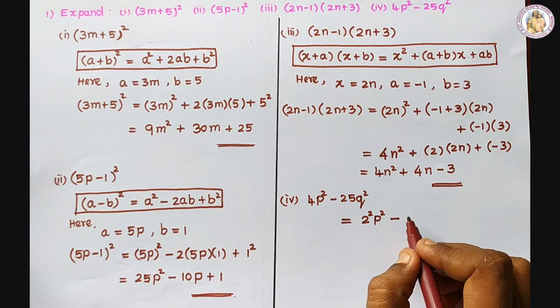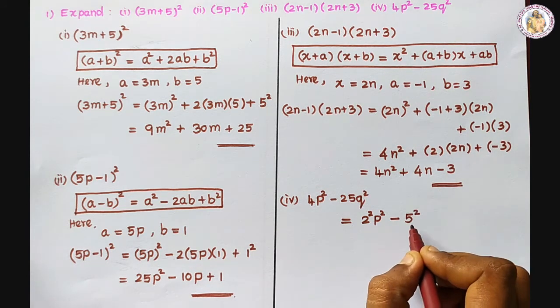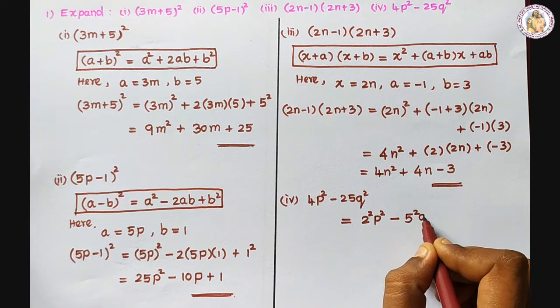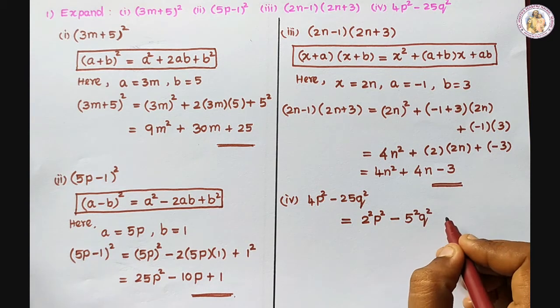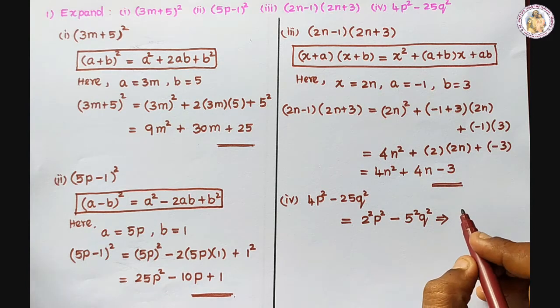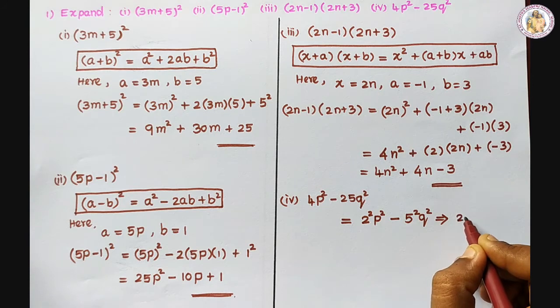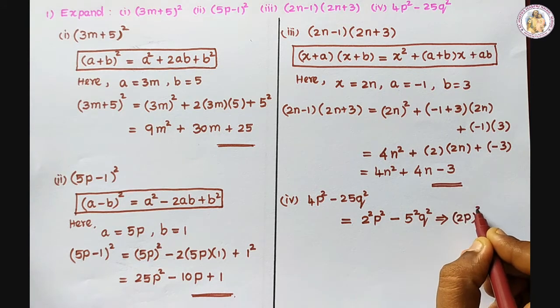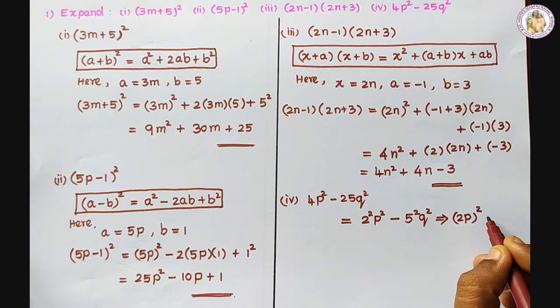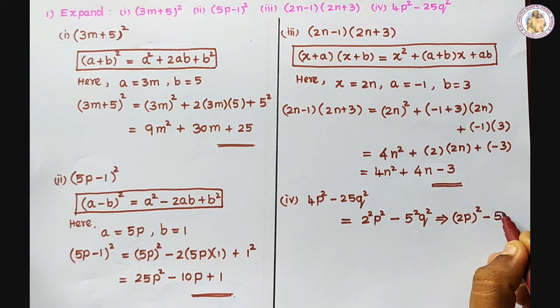We can write as 5 squared. 5 squared is 25, so q squared. That is also we can write like this: 2 squared p squared, that is (2p) whole squared, minus 5 squared q squared means (5q) whole squared.